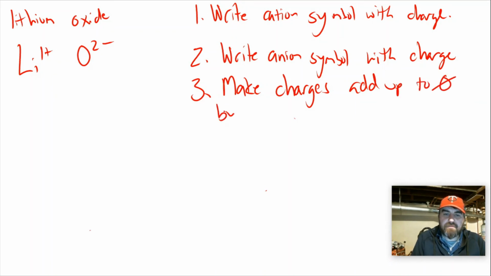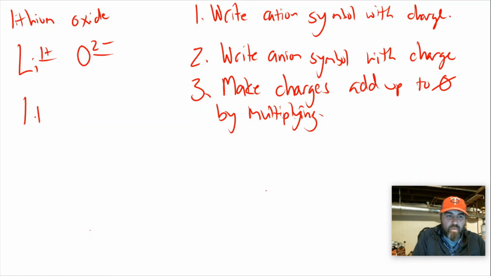by multiplying. Here's what I mean. The charges have to add up to 0, otherwise things would get stuck to you all the time because there'd be extra positives and negatives in the universe. There aren't. So you look at which one's smaller. Lithium's smaller, oxygen's bigger. What do we multiply lithium by so that they add up?